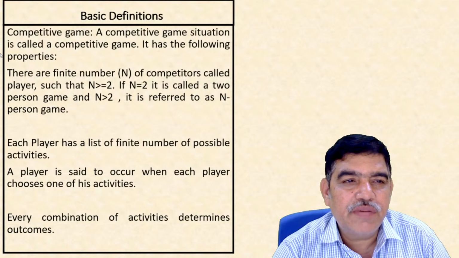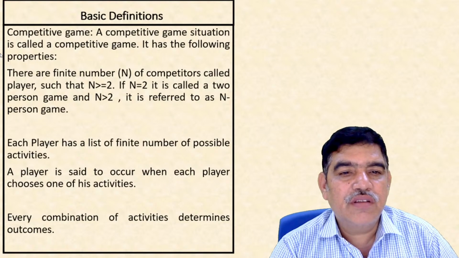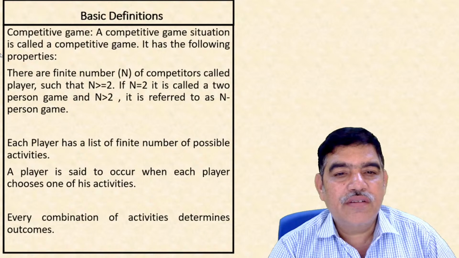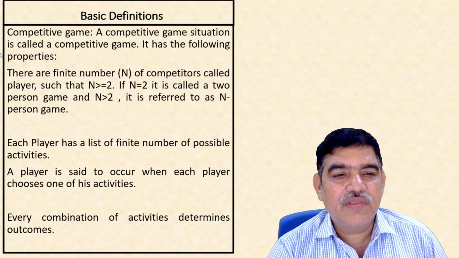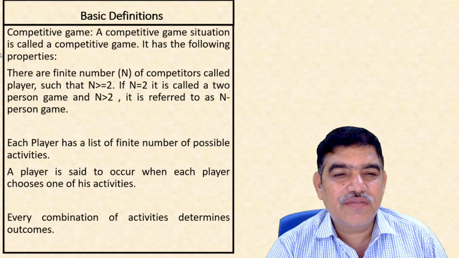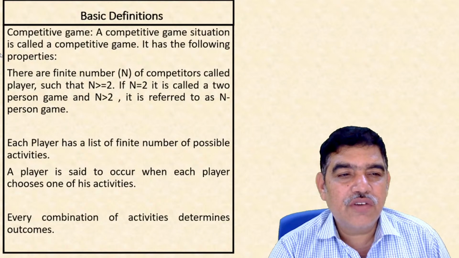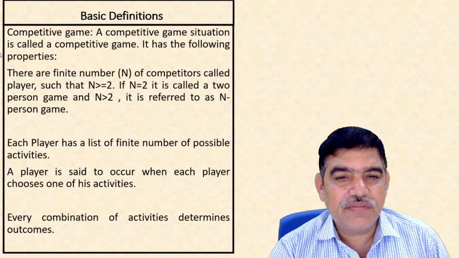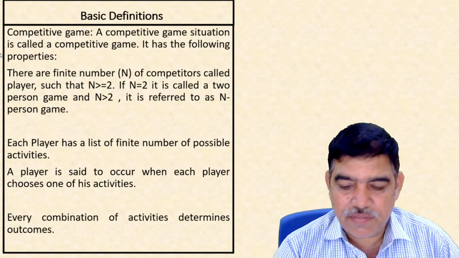A game is said to be a competitive game in such a situation when there are a finite number of competitors called players, and n must be greater than or equal to 2, because the game will be played between 2 players or more than 2 players. If n equal to 2, it is called a 2-person game, and if n greater than 2, it is referred to as an n-person game.